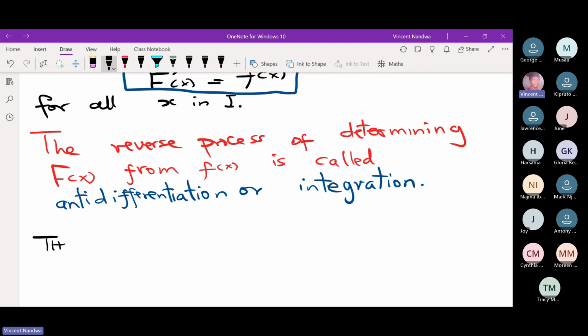And then this antiderivative F of x is not unique. So we can state that in this theorem.